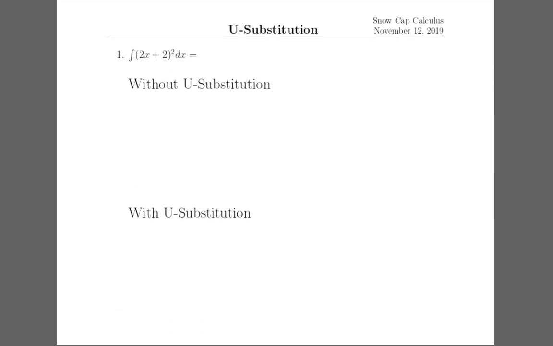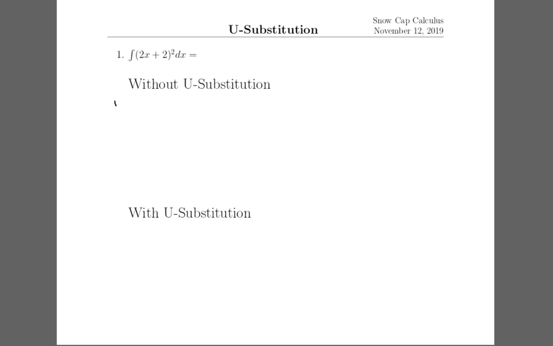All right, so just to illustrate what I mean, we have the integral of quantity 2x plus 2 squared dx. We don't have to use U-substitution, but it will make our lives easier. In this case, we can just multiply out 2x plus 2 times 2x plus 2, and that'll give us an x squared plus an x plus a constant, and we can integrate that pretty easily.